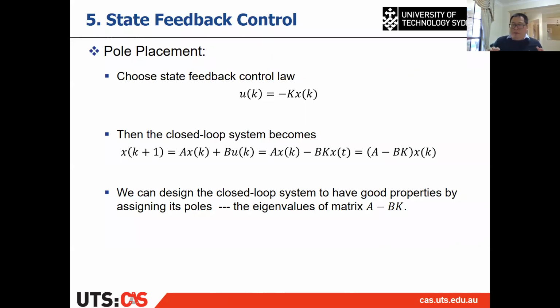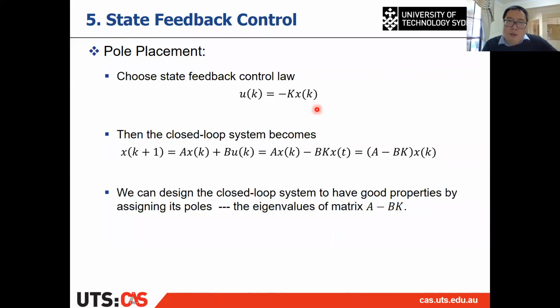And the thing you need to do is choose a proper K to make this new A minus BK have all the eigenvalues between -1 and 1. All right, so the process is exactly the same, but the criteria is different because in this case it is a linear discrete time system, and the stability criteria is different.